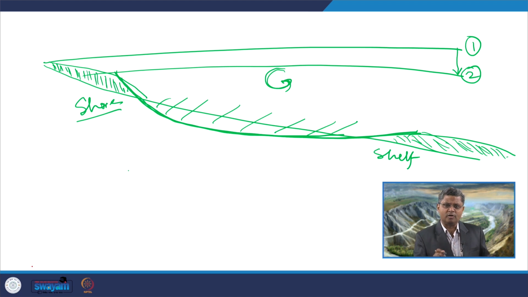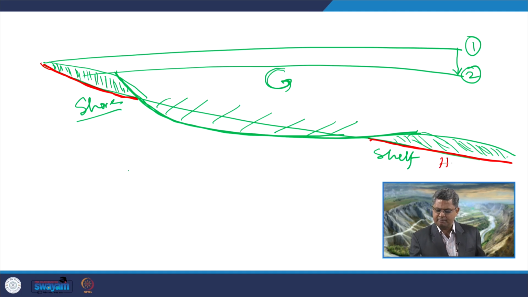In this kind of condition, we get preservation of the basal surface of forced regression in this area, because this is the original surface preserved, and also over here in the shelf area, because this is again the original surface.